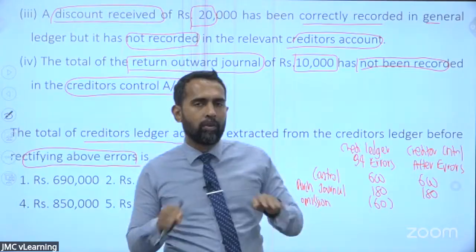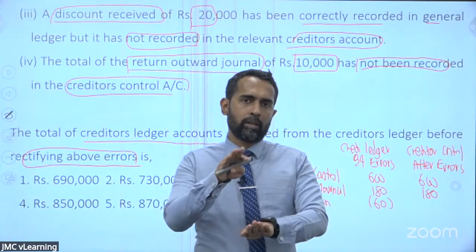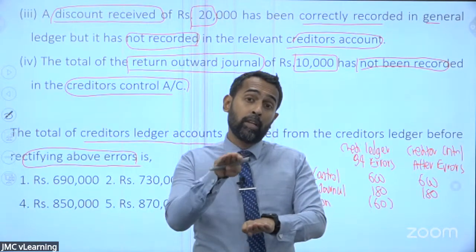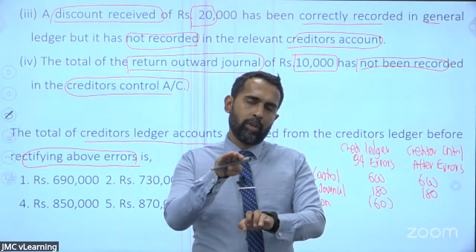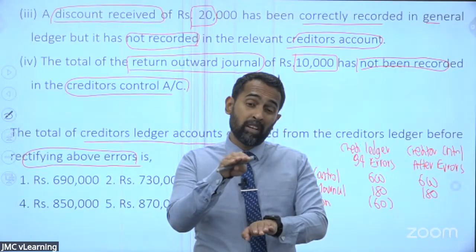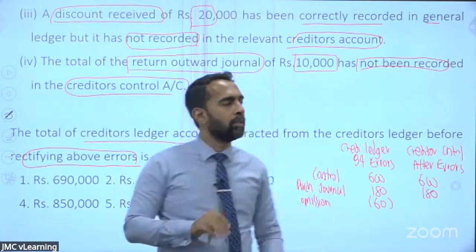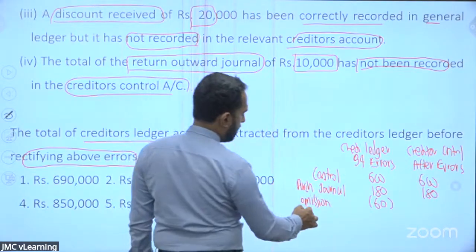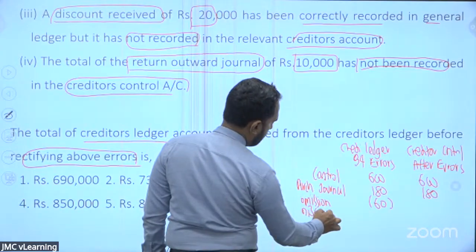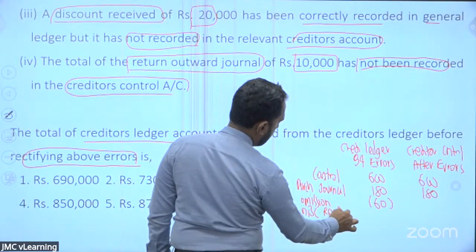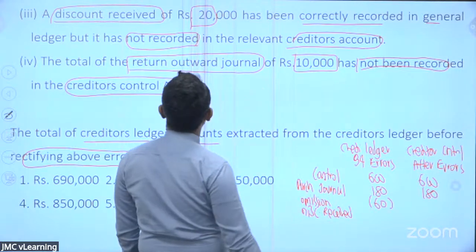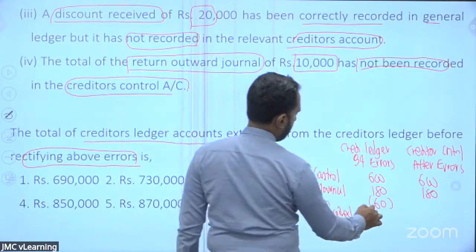From the control account to the creditors ledger balance before correction, we will add the discount received, 20.